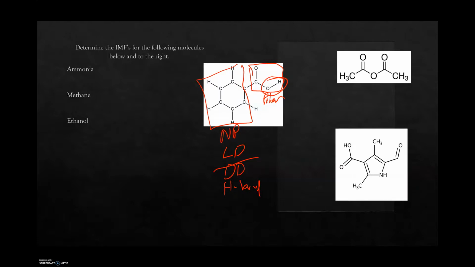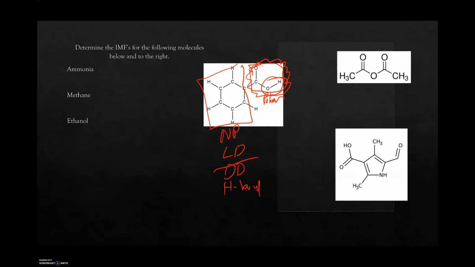I can't say that London dispersion is going to be stronger than the H bond, and that's mainly because this top portion here is fairly polar in comparison to the rest of this, and that's going to allow it to dissolve into water. That's something we'll get into in future chapters where we talk about being able to dissolve into water or not, soluble or insoluble.